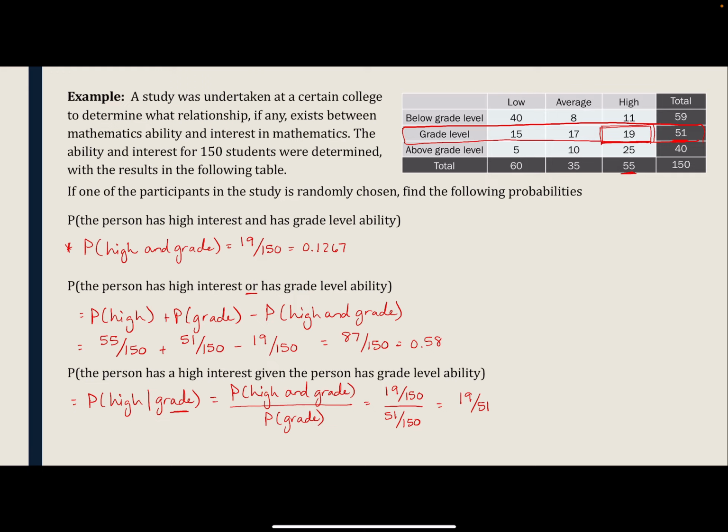I know that the student is one of those students, meaning that the new total is the 51 students that are grade level ability. And out of those 51 students that are grade level ability, 19 of them have a high interest in mathematics, giving me 19 out of 51. And as a decimal, this is 0.3725.